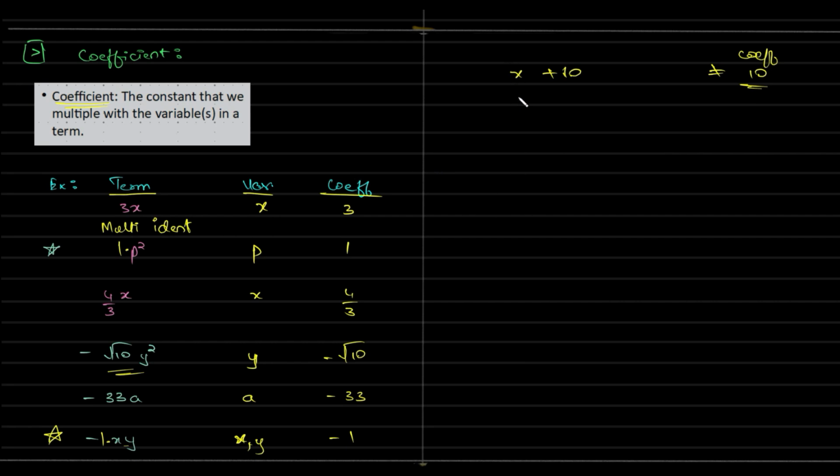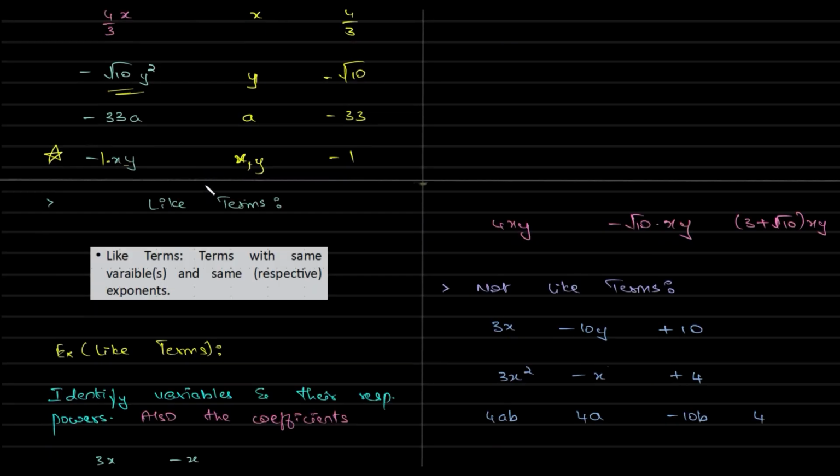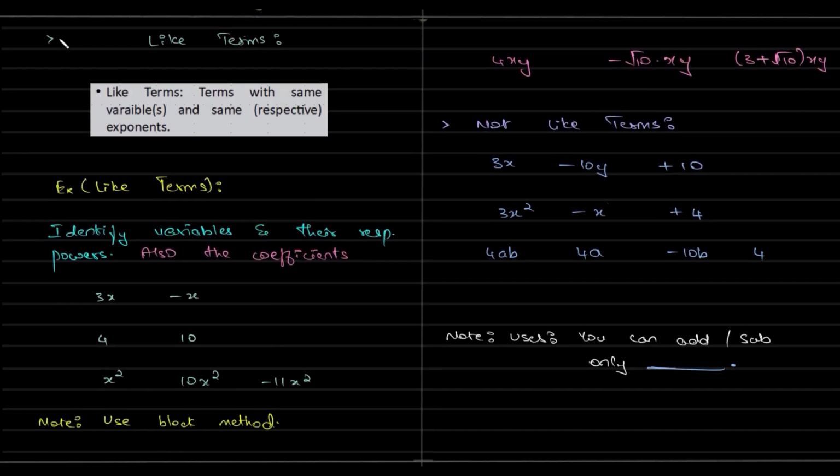If someone asks what the coefficient is over here, it is by default 1. And over here, for the variable a, the coefficient is negative 1. Negative 1 and positive 1, identifying that in such scenarios is important. All this about coefficients and terms will help you solve problems. So the next thing is like terms.